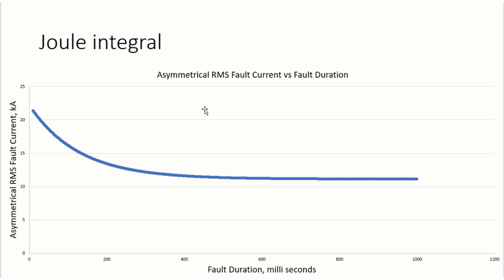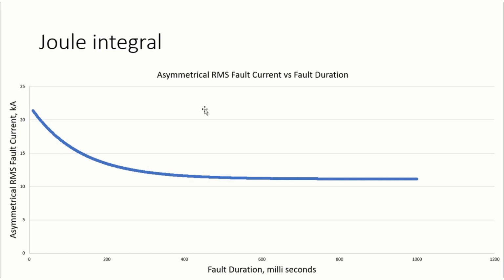So it will give me a very different result compared with normal steady-state short-circuit calculations. Why? Because the total dissipated energy here is much more. It is directly proportional to I square and T.